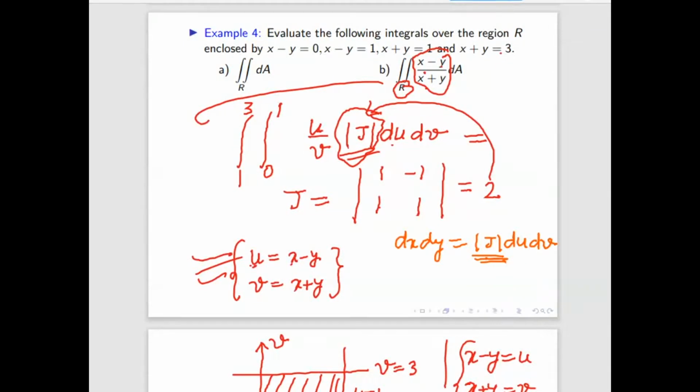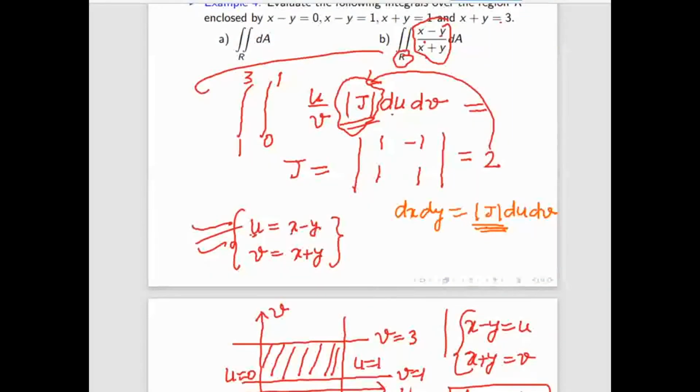Can anyone tell what will be this Jacobian value? Two. Yeah, 2 will be when this J is the Jacobian of uv with respect to xy.